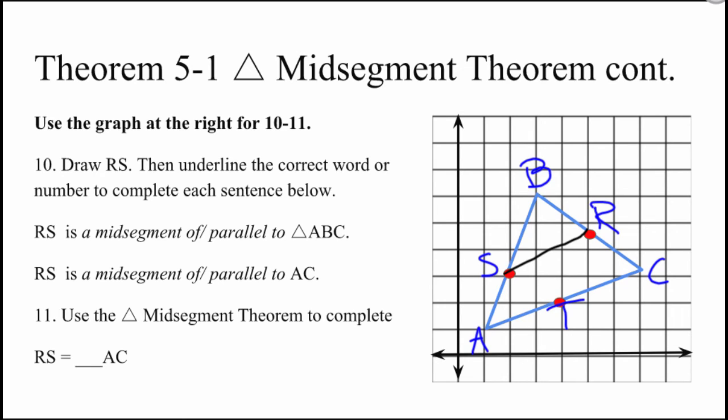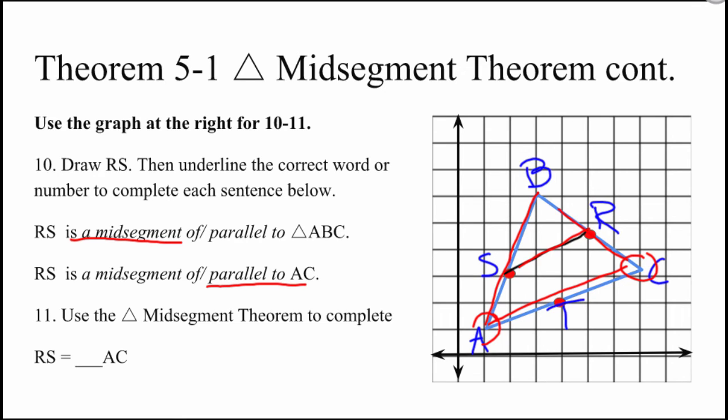Yes? Is it parallel? No, it's a midsegment of triangle ABC because that's where we go, right here and right here. Kind of, yeah. So you see all the little midsegments there. And then RS is a midsegment of or parallel to AC. Yeah, is it parallel? It is. Sweet.